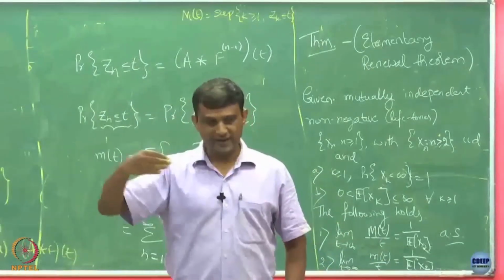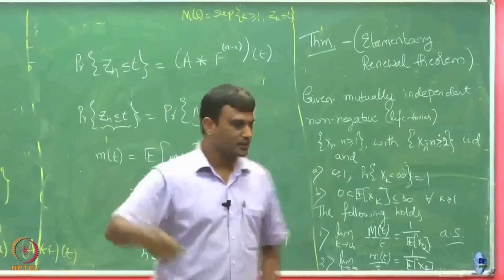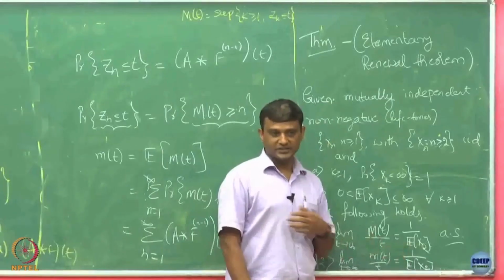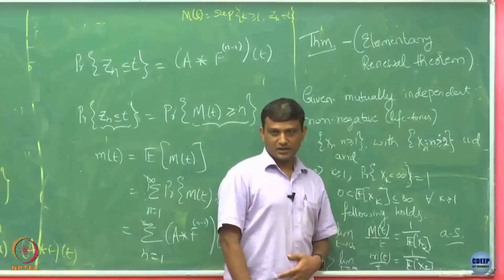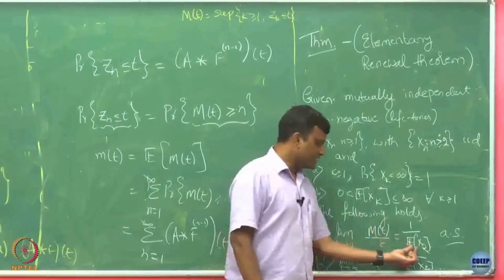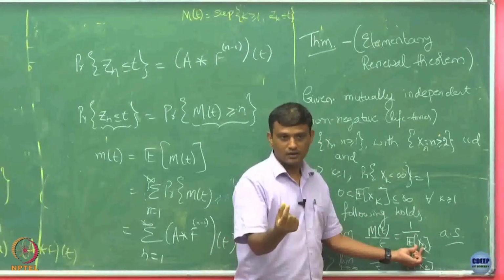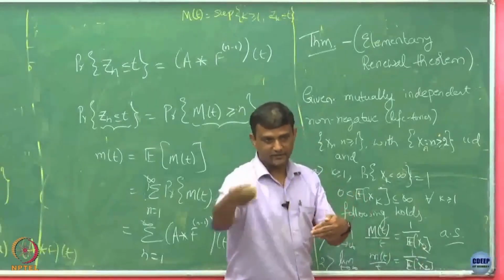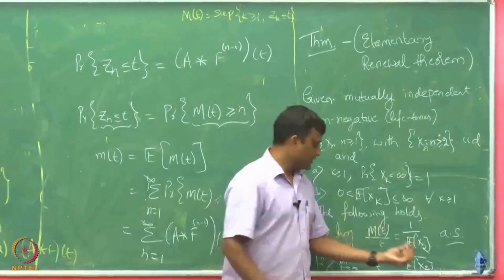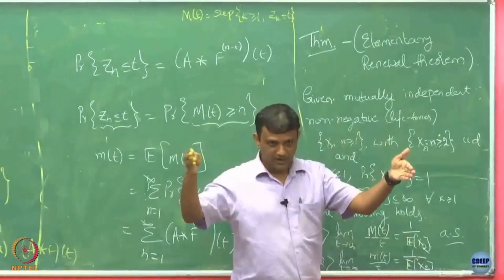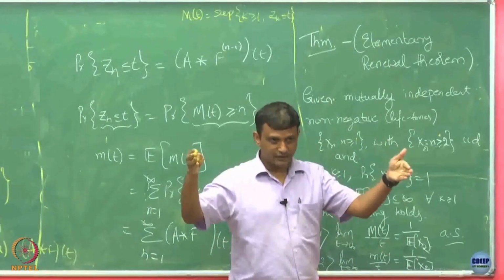So if you are repeating very fast, the expectation of x2 is going to be small, because it is happening again and again very frequently. If this is small, then you are going to see a lot of renewals in the given interval, right?